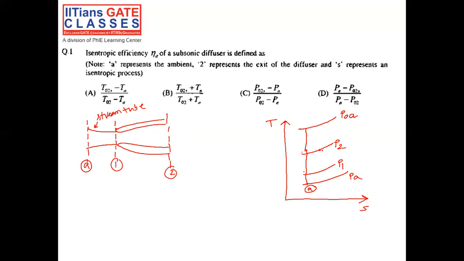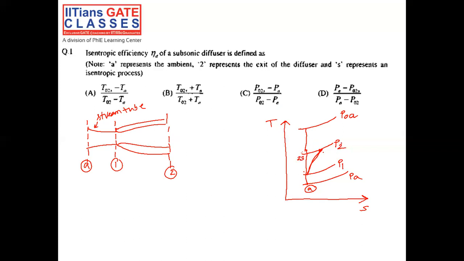And this basically denotes the process from 1 to 2, the compression from the entry of the diffuser to the exit of the diffuser, and this denotes the isentropic compression.